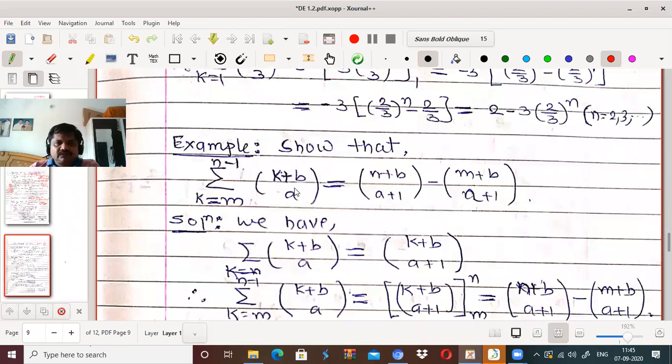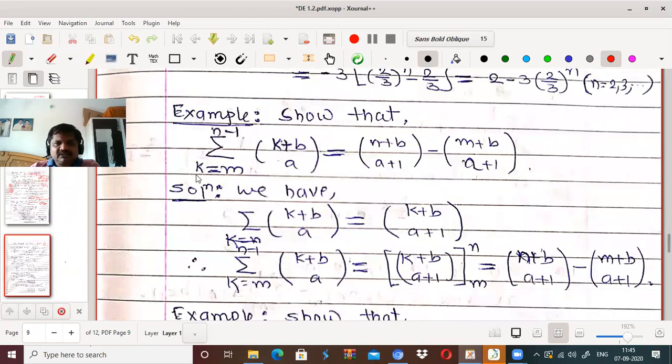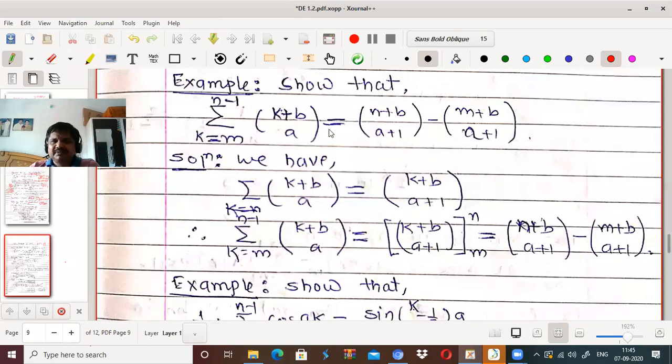We have this also. Show that the summation from k equals m to n minus 1 of (k plus b choose a) equals (n plus b choose a plus 1) minus (m plus b choose a plus 1). Again, very simple. We know the formula for the indefinite summation of (k plus b choose a), that is (k plus b choose a plus 1); we have to increase this term by a only.